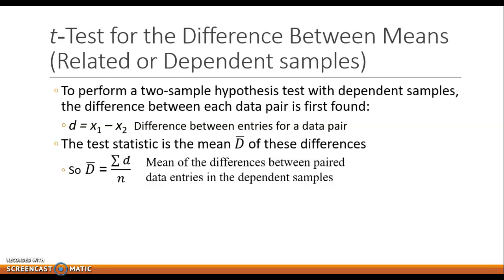So we're basically taking the average of the differences here, the mean of the differences between them. Notice that n here is, remember, the number of subjects. It's the number of data entries. So we've got d bar equals the sum of d's over n.